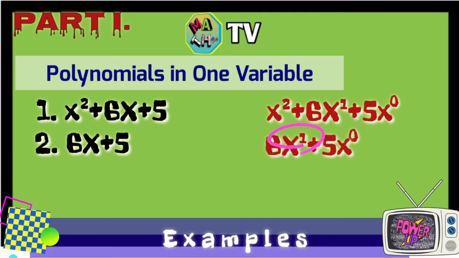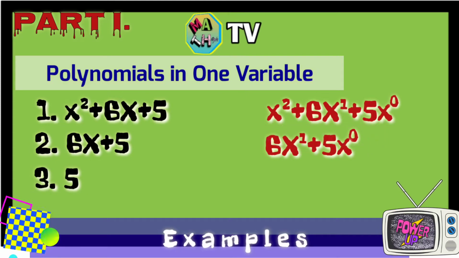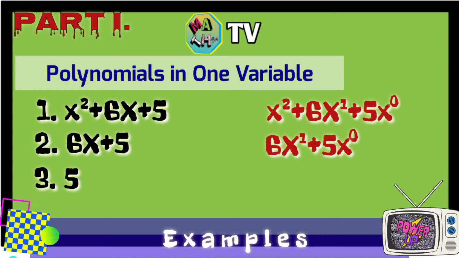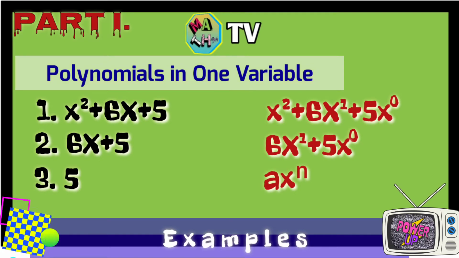But the last example here, 5, may not look like a polynomial, but remember, a polynomial is any algebraic expression that consists of terms in the form of ax to the power of n.